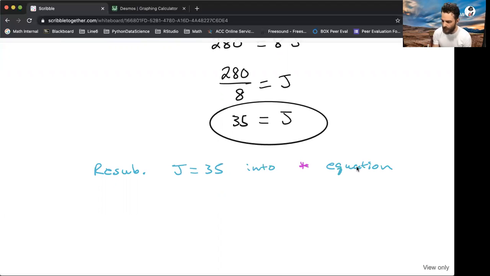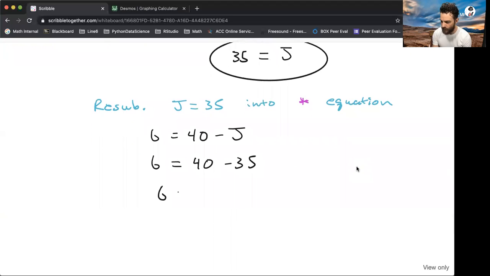The starred equation again was G is equal to 40 minus J. As we replace the J with the value 35, this becomes very apparent. Gabriel must have started off initially with 5 toy cars.